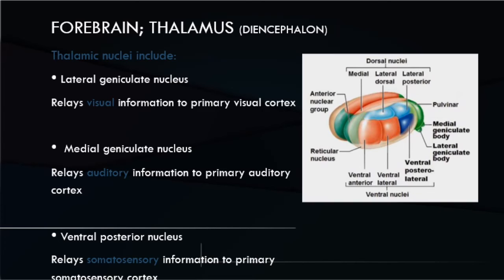So it basically relays visual information to the primary visual cortex. There is the medial geniculate nucleus, or MGN, that does this for audition. The information from your ears goes to your primary auditory cortex. It goes through this part of the thalamus, the MGN.